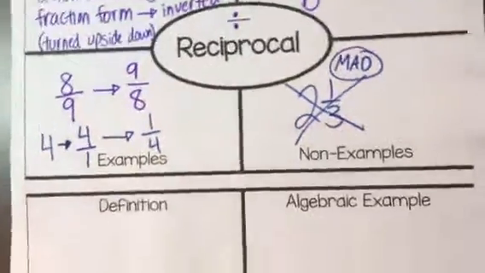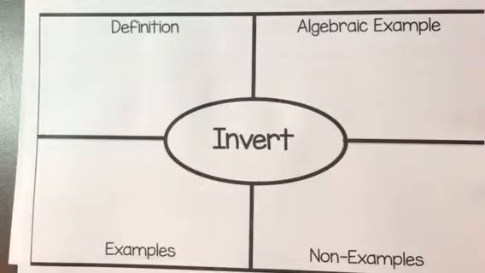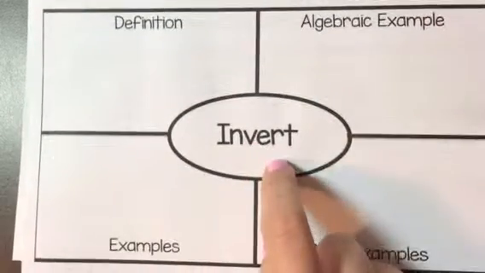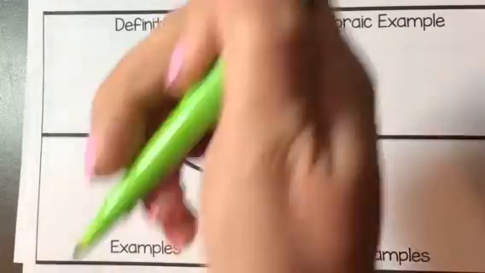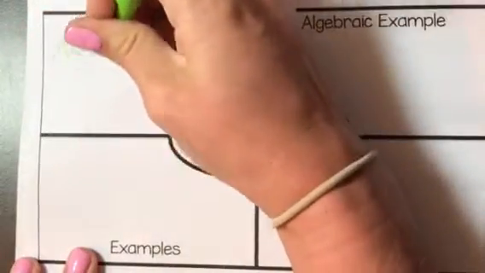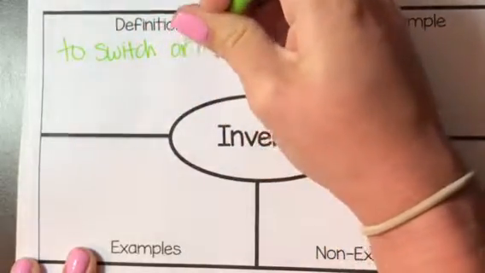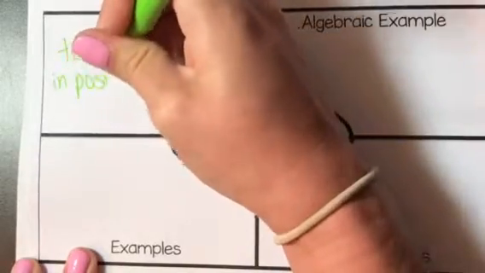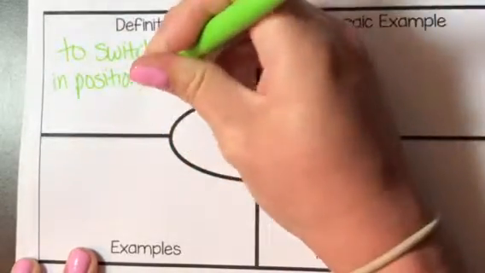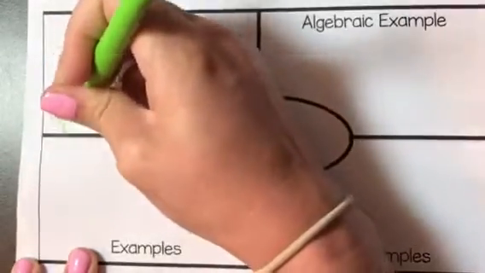If you're ready, I'm going to scoot on up, or actually down on my paper, and focus on the word invert. This is the verb. This is what's happening to the fraction. To invert something means to switch or move in position, usually upside down.